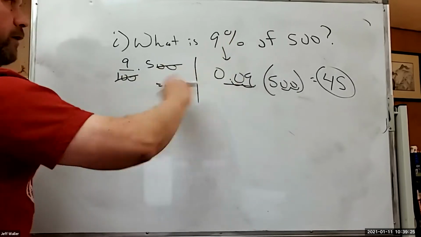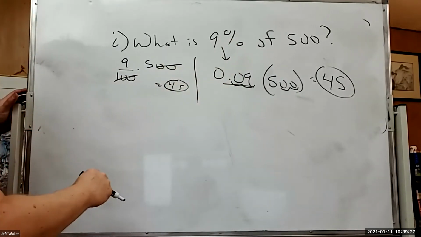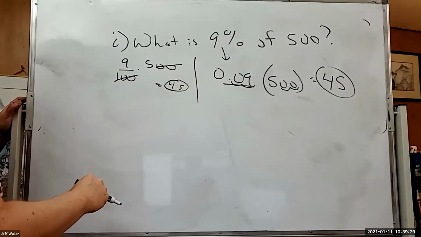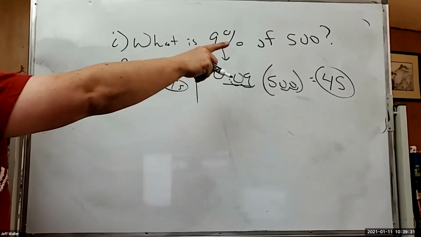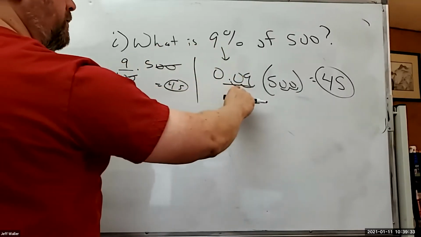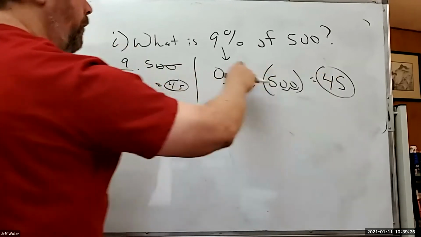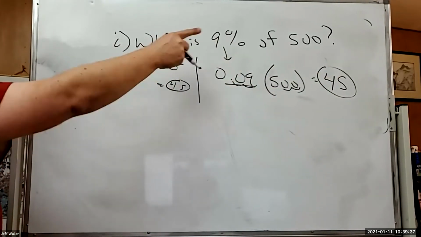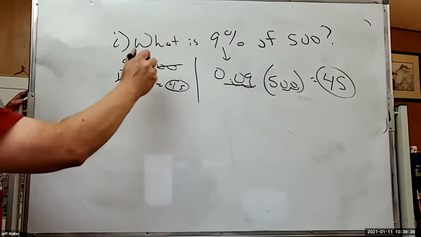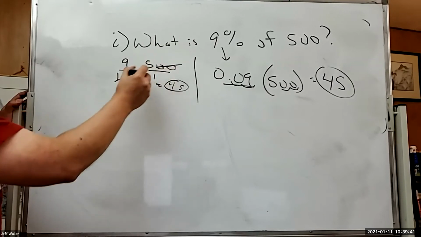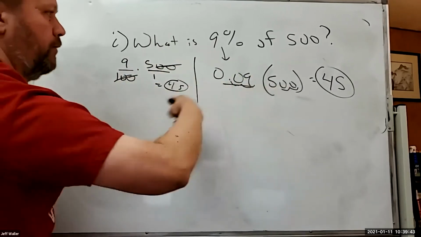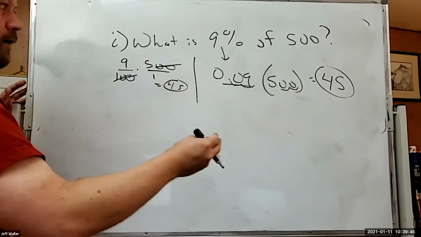Either way works. What is 9% of 500? Oh, I see. Okay, got it. So 9 over 100 is what 9% is, times 500, and then you can reduce. Mathematically, they're both the same. You can do it either way you want to.